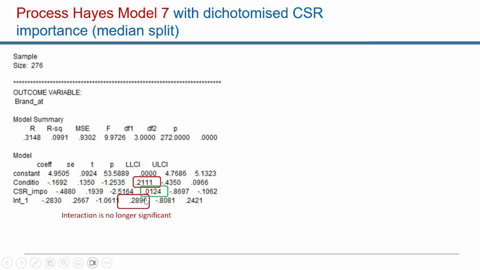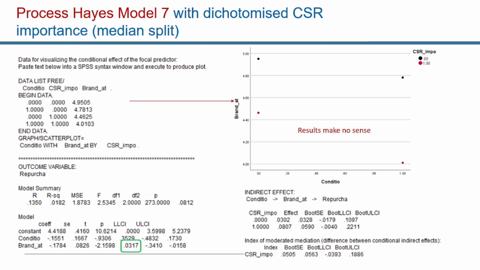It used to be before when I used a continuous moderator. Now I lost it, and only CSR importance on its own is statistically significant. So it actually shows you that you may get even worse results when you dichotomize your data because you have artificially split it into low and higher parts, which is not always ideal.